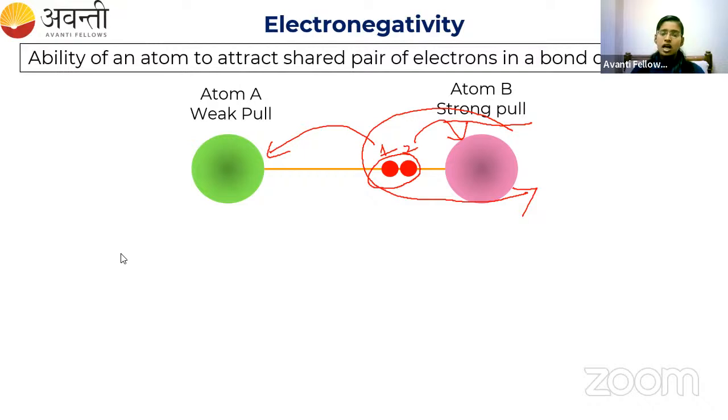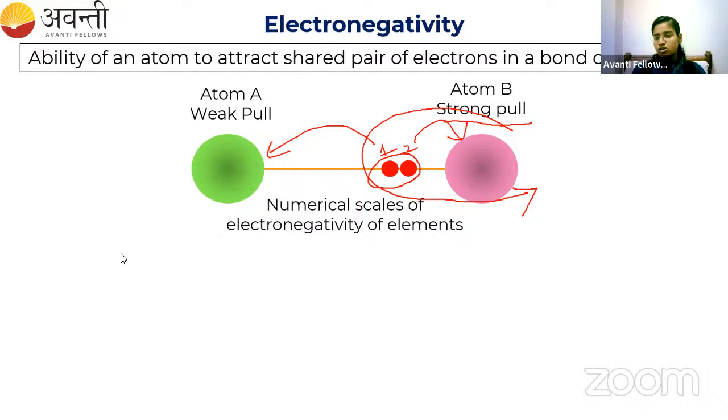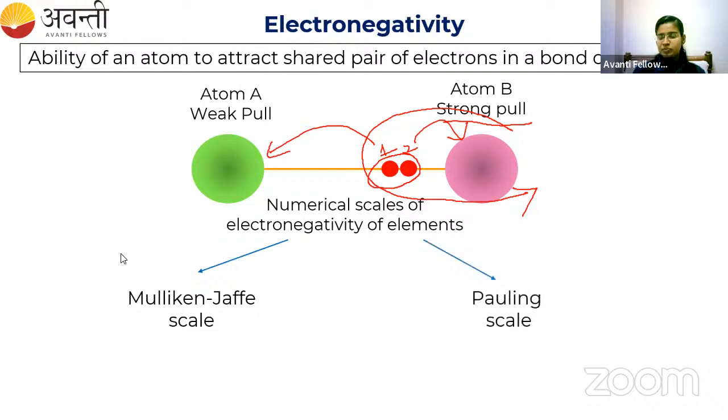Okay. Now, to find out the element which is more electronegative in nature, scientists have come up with some numerical scales. Okay, so numerical scales of electronegativity of elements were there. So there were three scales actually. I'll give you the two scales alone. One is called as Mulliken-Jaffe scale, and the other one is called as Pauling scale.